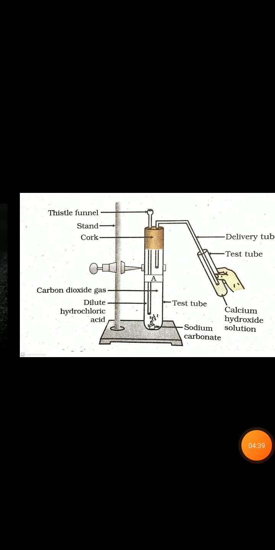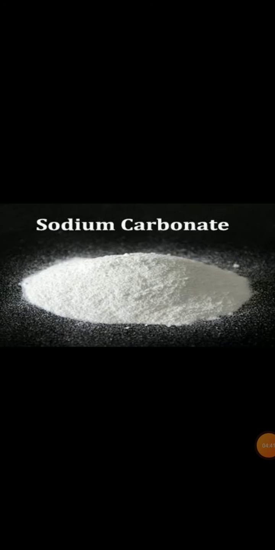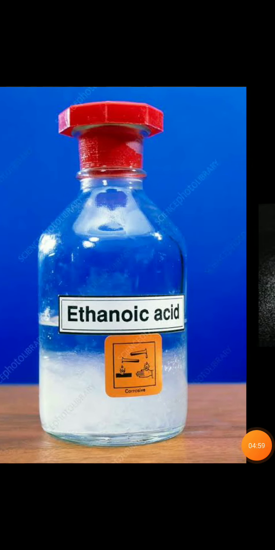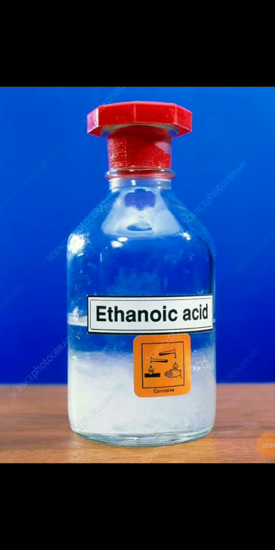We will need a spatula full of sodium carbonate. Here we'll learn the reaction of ethanoic acid with carbonates. So we are using sodium carbonate. In a spatula we take sodium carbonate, and in a test tube we add 2 ml of dilute ethanoic acid, which is not concentrated. It is dilute ethanoic acid.